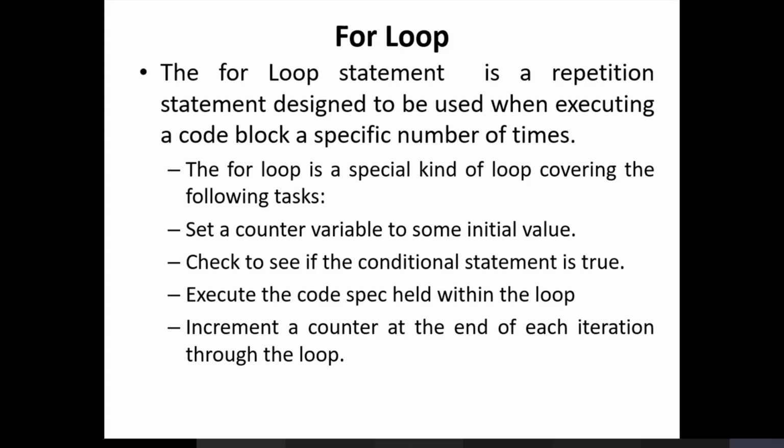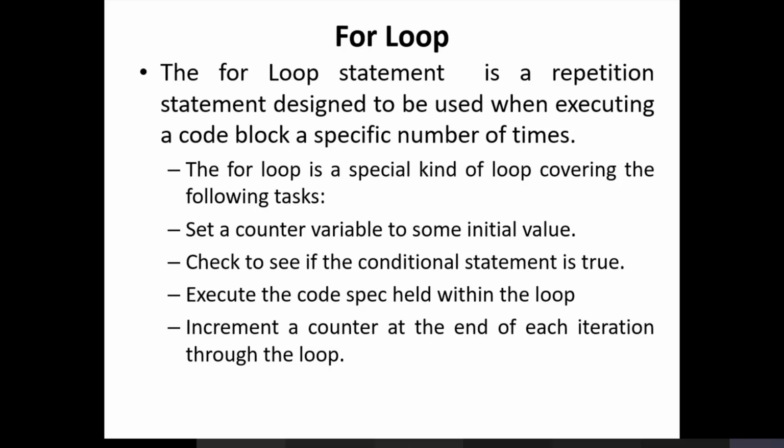So what tasks does the for loop cover? It sets a counter variable to some initial value, it checks to see if the condition statement is true, and it executes the code held within that particular loop.